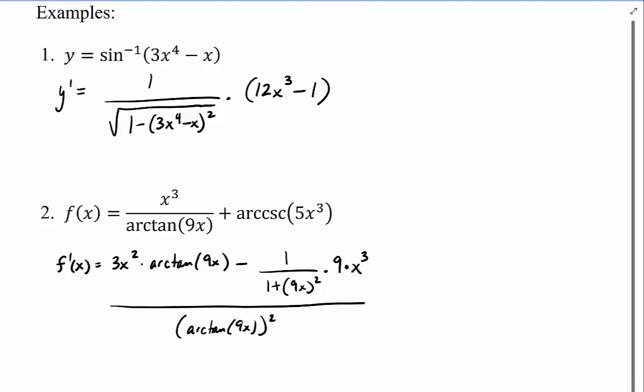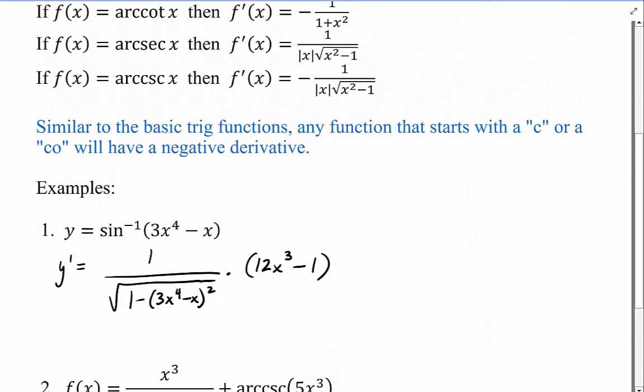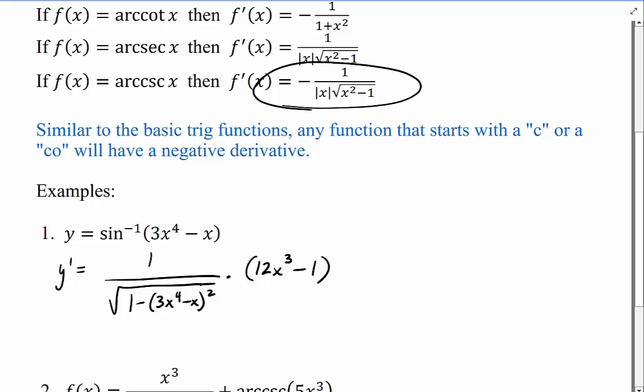Now moving on to arc cosecant. It is a term that starts with that c or that co, so it is going to be negative. And then scrolling up quickly and looking at arc cosecant, I can see that it has this very interesting derivative. It is definitely not one that is commonly used in mathematics, but it does exist.